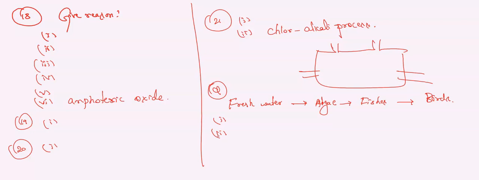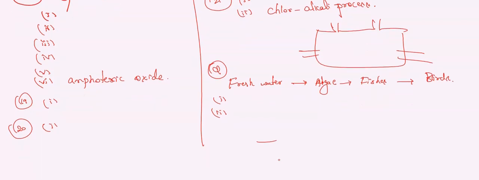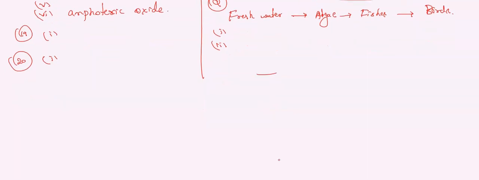Next question, option 1: write the molecular formula and structural formula of an alkene having 5 carbon atoms.